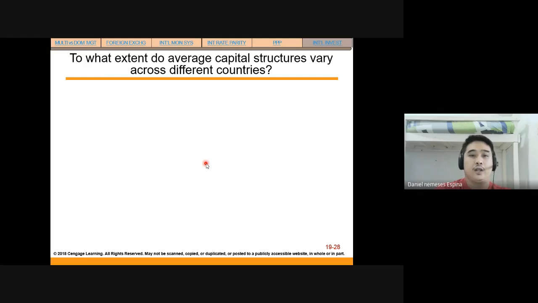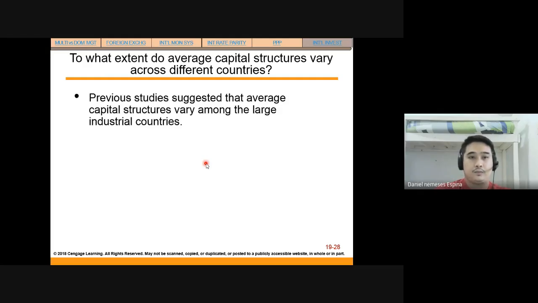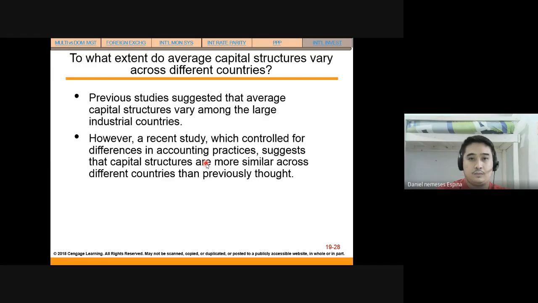So to what extent do average capital structures vary across different countries? Previous studies suggested that average capital structures vary among large industrial countries, meaning that they have a different optimal capital structure, or mix of debt and equity financing.